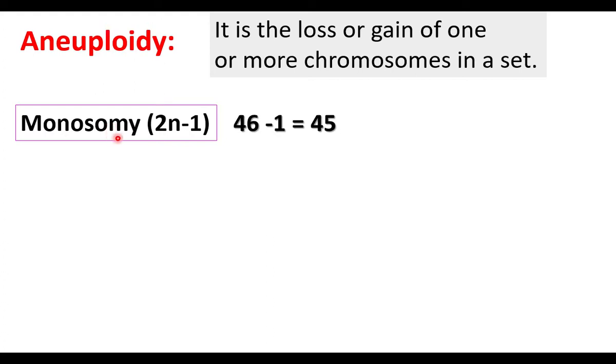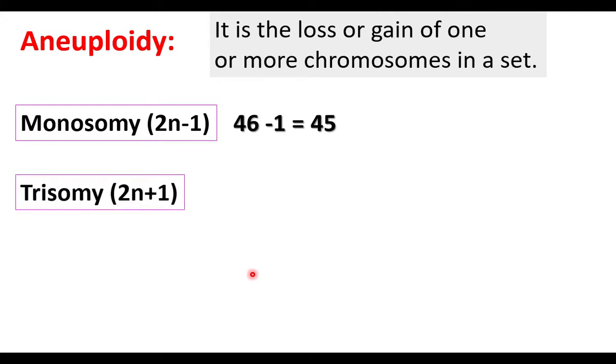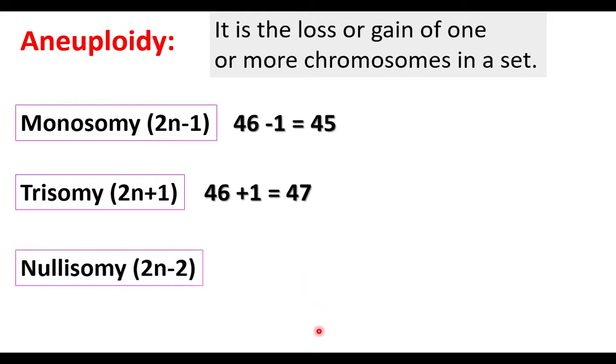In a particular pair, one is removed. Addition of one chromosome, trisomy. In a particular place, there are three chromosomes, so the total will increase. When there is loss of a pair of chromosomes, that is nullisomy, 2n minus 2.